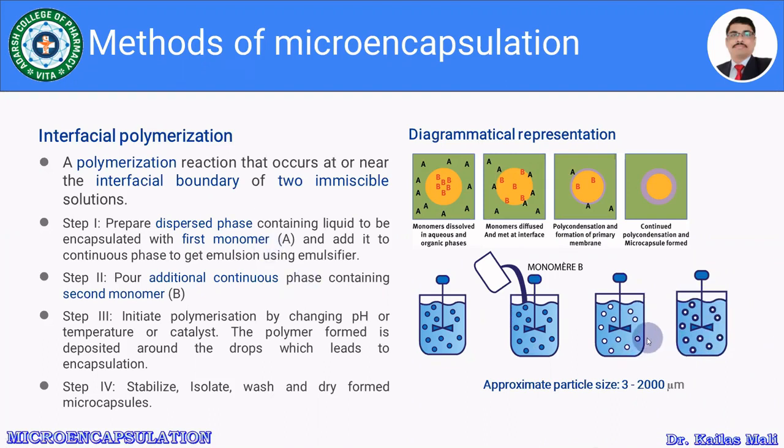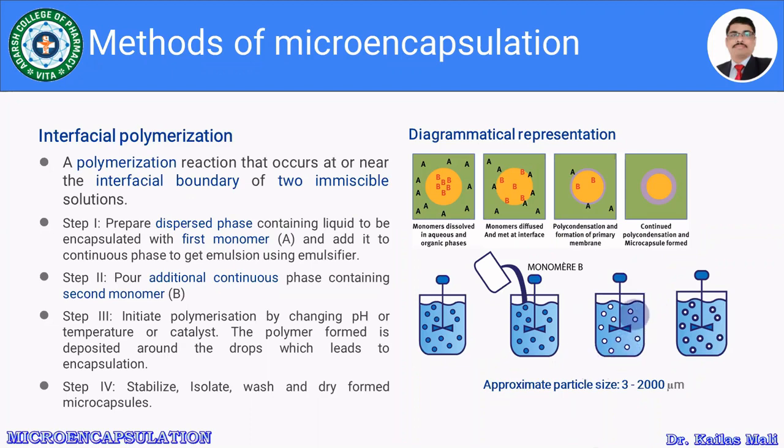In interfacial polymerization, we get a particle size ranging between 3 to 2000 micrometers. Generally, here we use 2 reactants or 2 monomers. Monomer 1 is dissolved in the continuous phase, and the other monomer is dissolved in the organic phase. Then we prepare an O/W type of emulsion. Furthermore, initiate the polymerization by changing the pH, changing the temperature, or adding a catalyst.